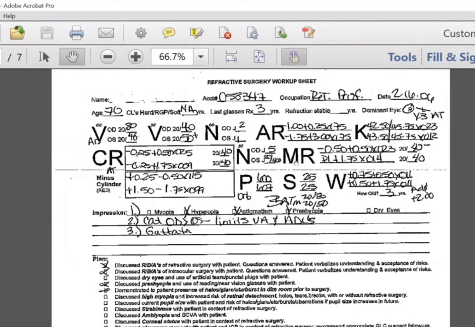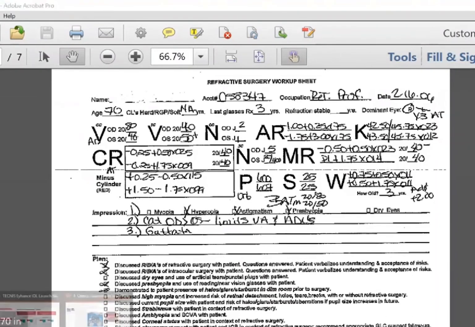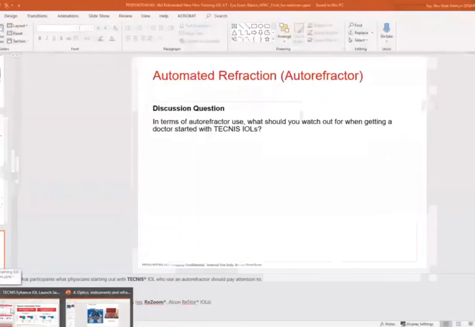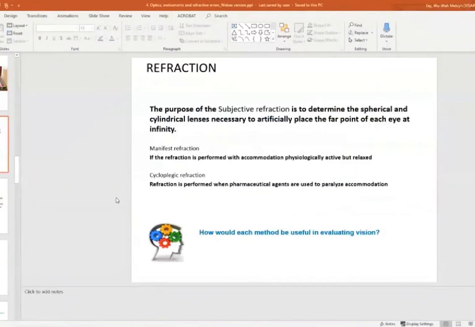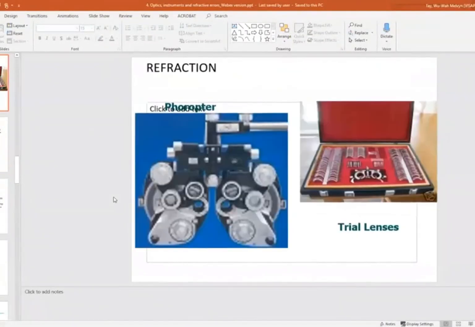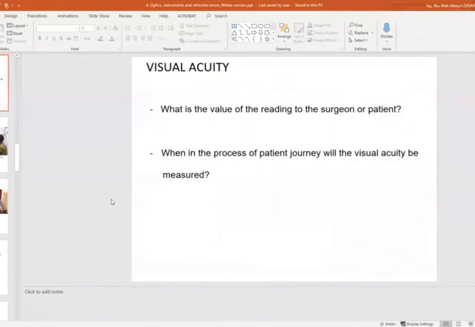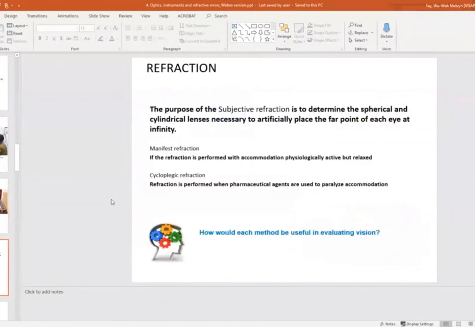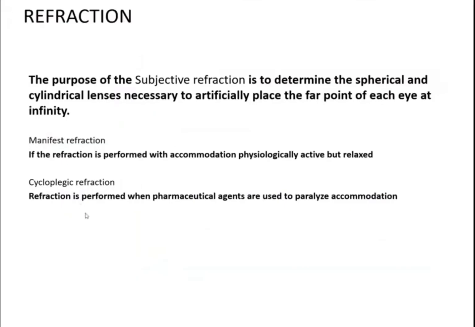Now, there's also a difference between manifest refraction and cycloplegic refraction. Cycloplegic refraction is performed when you have used some kind of pharmaceutical agent to paralyze the accommodation.